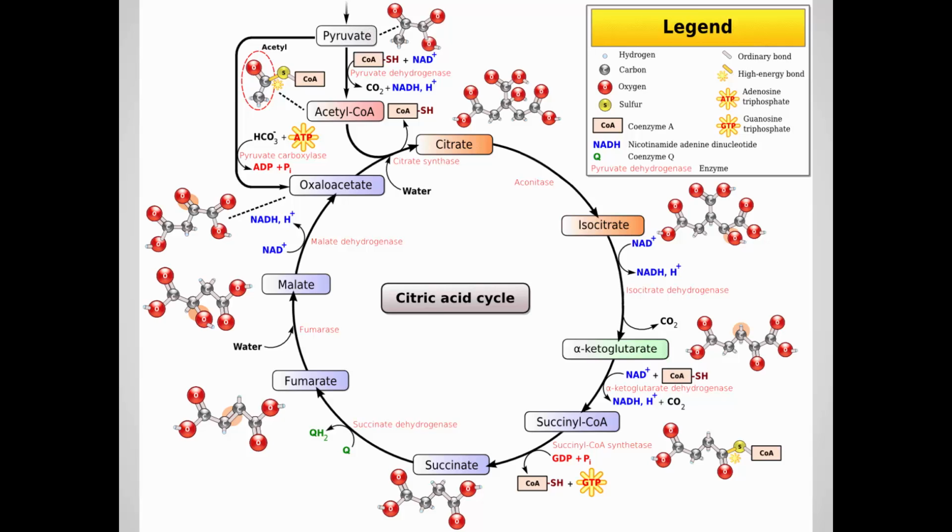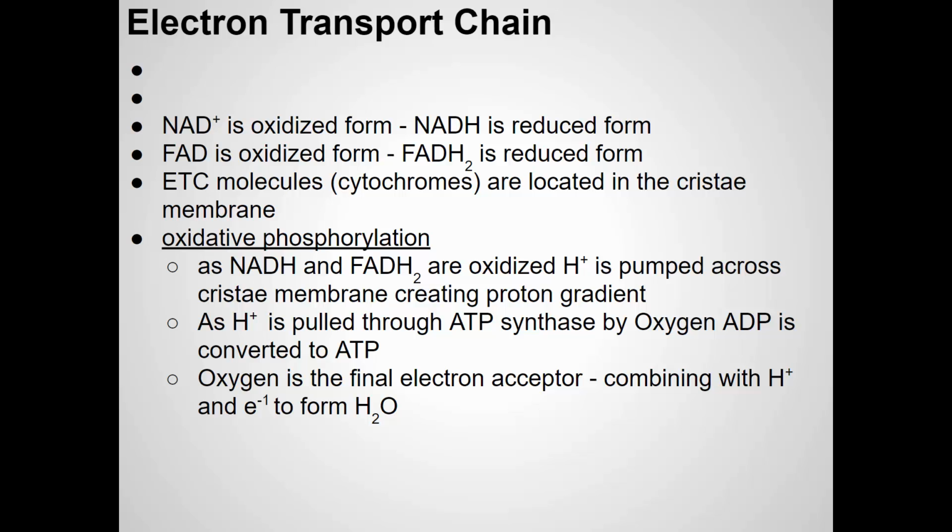So when we talked about enzymes and proteins, we talked about how important they are to organisms. That's because every step along the way, there's an enzyme that's allowing these reactions to take place. So the Krebs cycle produced NADH and FADH2.